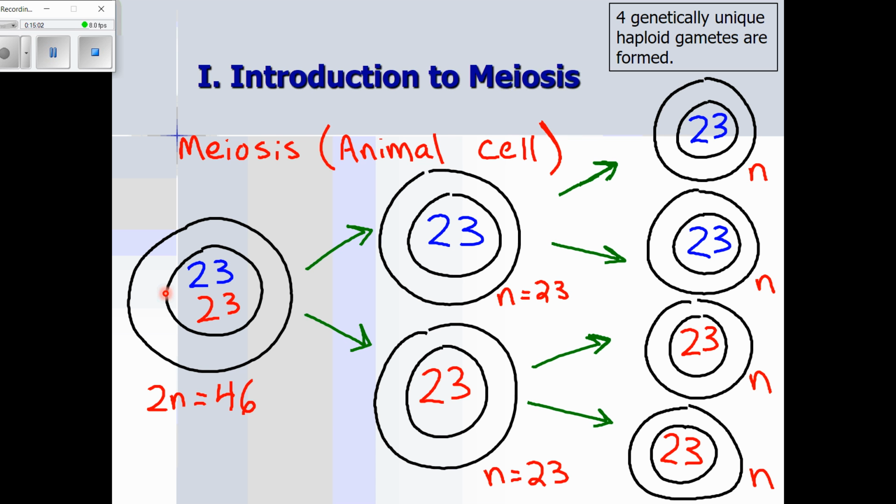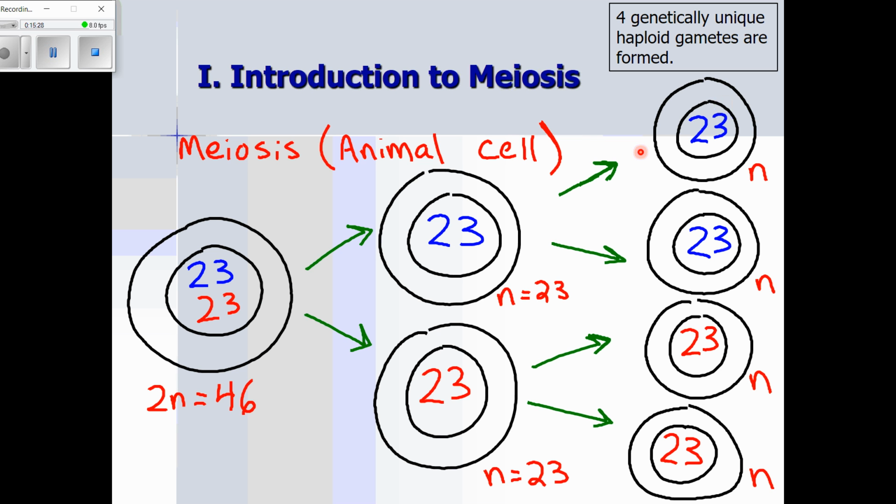Now, explaining how that works is kind of complicated. We'll get to it in a later lesson. But the point is, the final result of meiosis is four genetically unique haploid cells. In this case, they're all going to be potentially gametes, sperm cells or egg cells, because we're talking about animals here. But remember, plants also do meiosis.